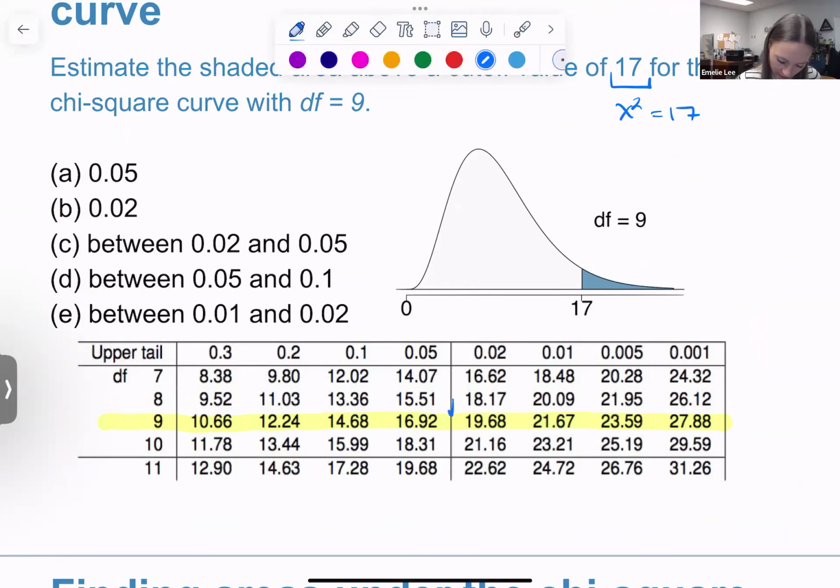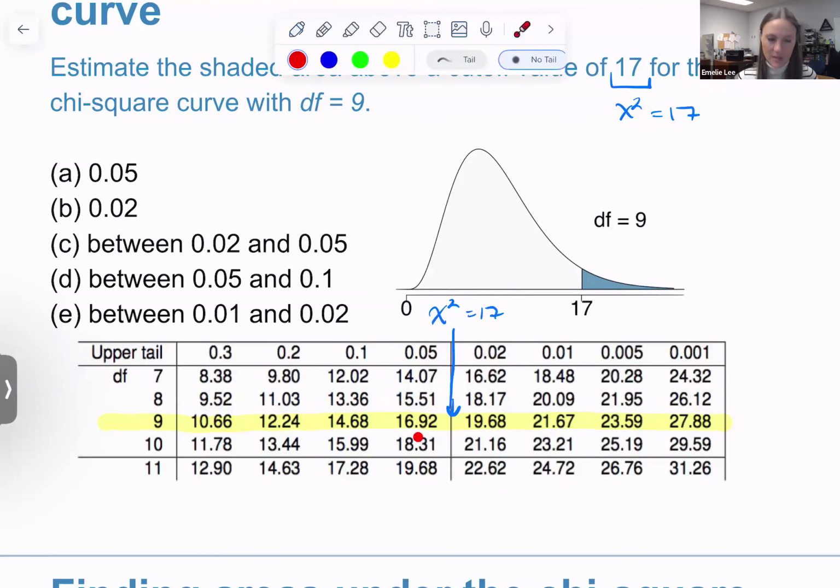And so our chi-squared of 17 is somewhere between 16.92 and 19.68, which means the tail area, or the p-value, is going to be somewhere between 0.02 and 0.05. Has that same property that we're now used to dealing with, right?